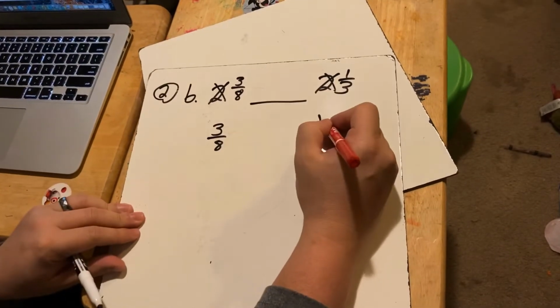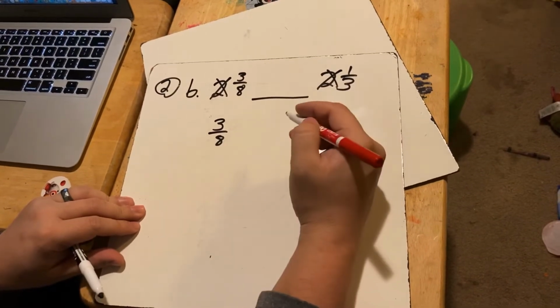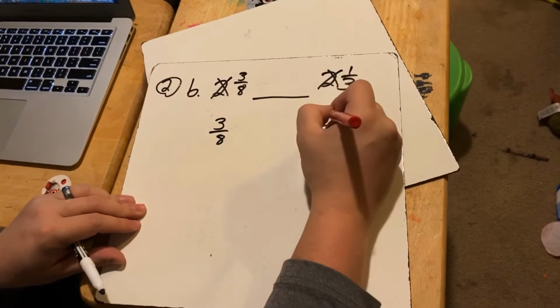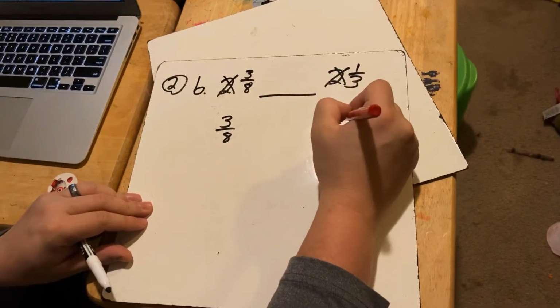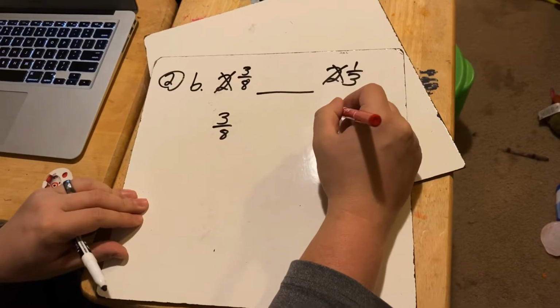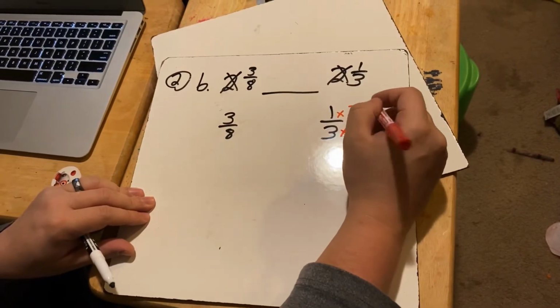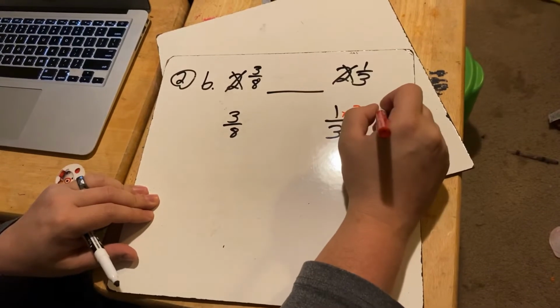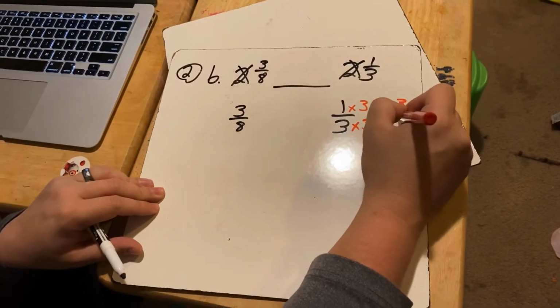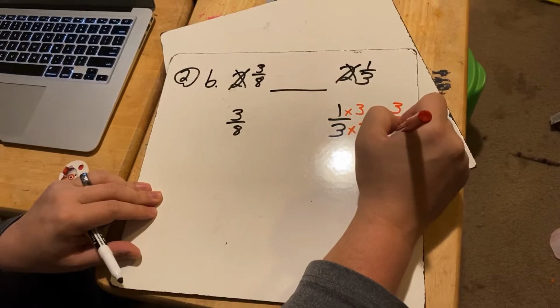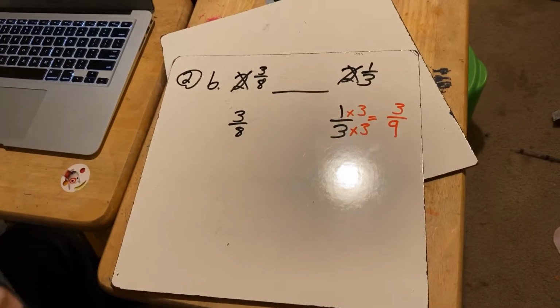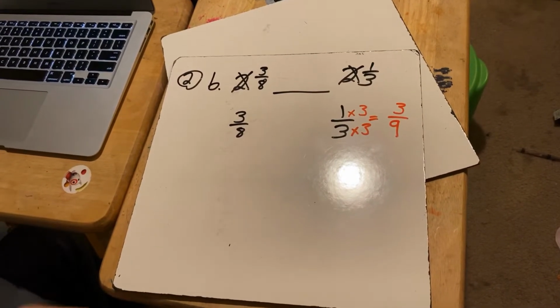What can I multiply 1 by to get to 3? Of course, if I multiply it by 3. Whatever I do to my numerator, I've got to do to the denominator. I can't just multiply the top by 3 and not the bottom. So 1 times 3 is going to give me 3, and 3 times 3 is going to give me 9. Now I'm comparing two fractions that have the same numerator but different denominators.